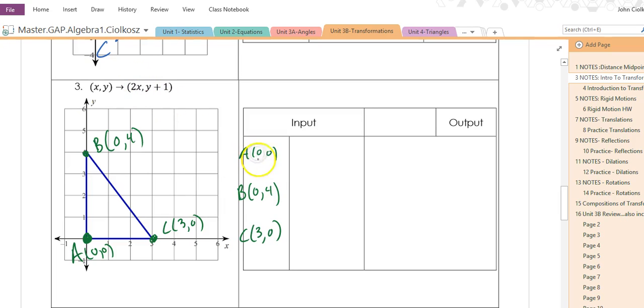Alright, so I'm multiplying each of my x's by 2, and I'm adding 1 to each of my y's. So that gives me my new letters here.